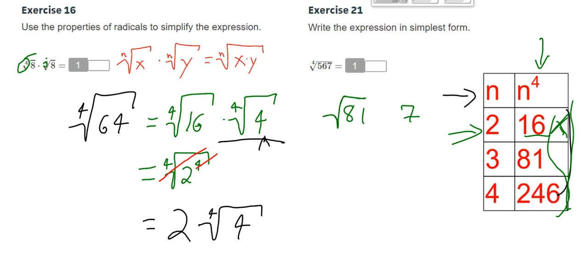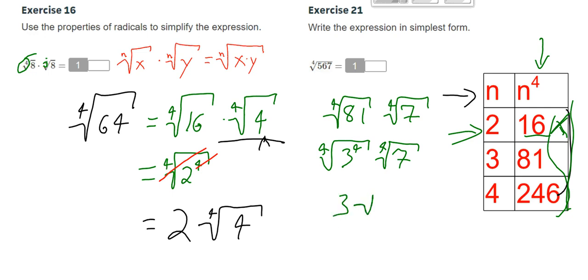So I write the fourth root of 81 times the fourth root of 7. Well, 81 can be written as 3 to the fourth, so these cancel out and the 3 gets kicked out, and I get 3 times the fourth root of 7.